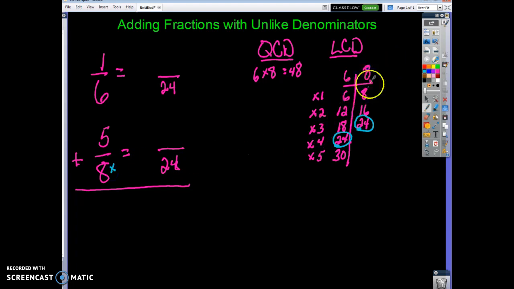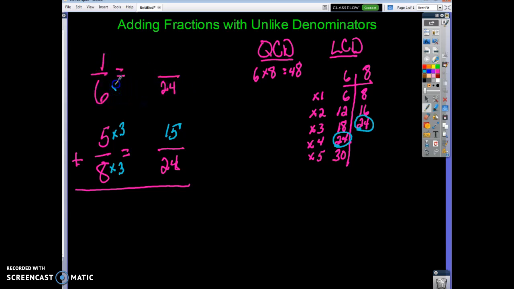I go over here and I see 8 times 3 is 24. And what I do to my denominator, I have to do to my numerator. 5 times 3 is 15. So 5/8 becomes 15/24.